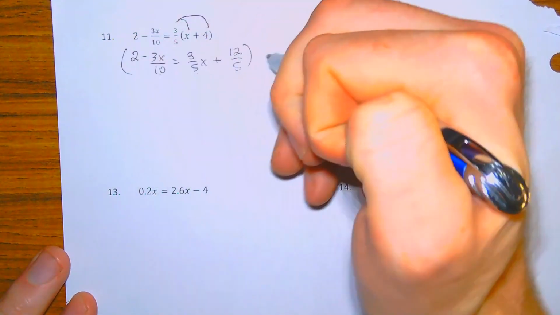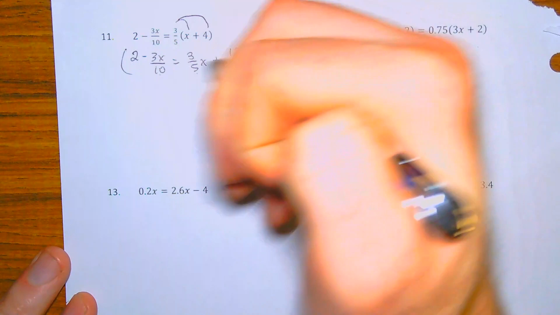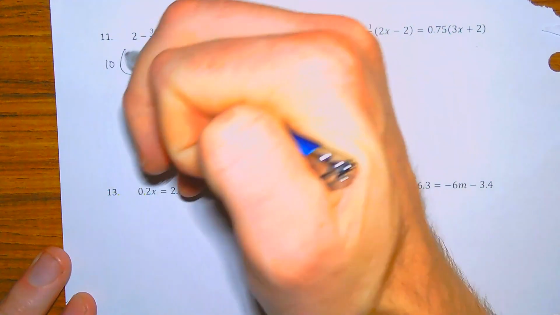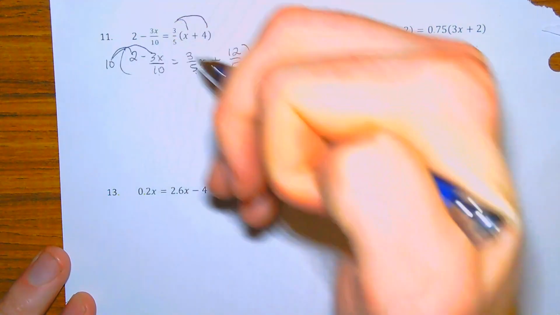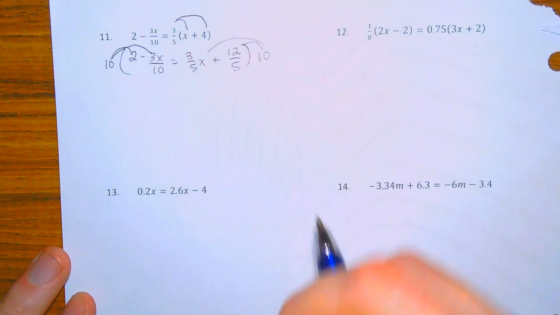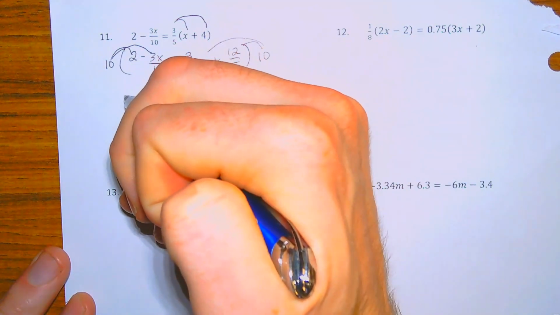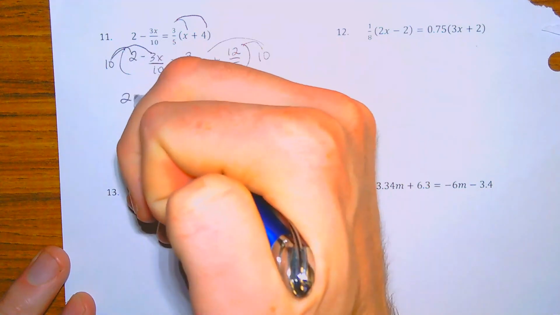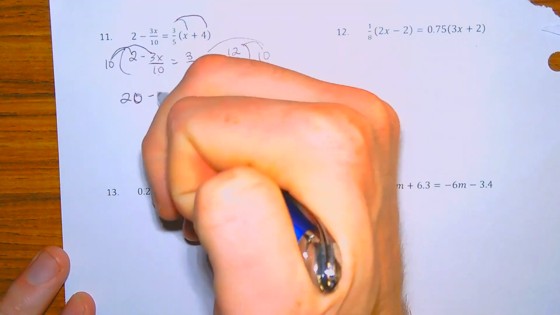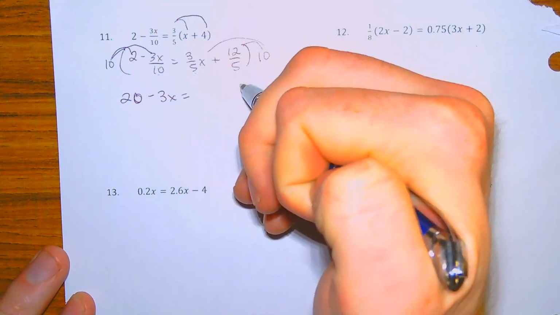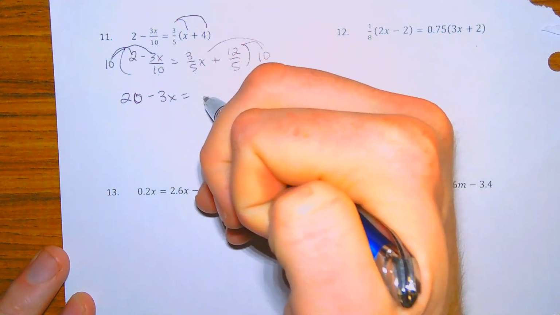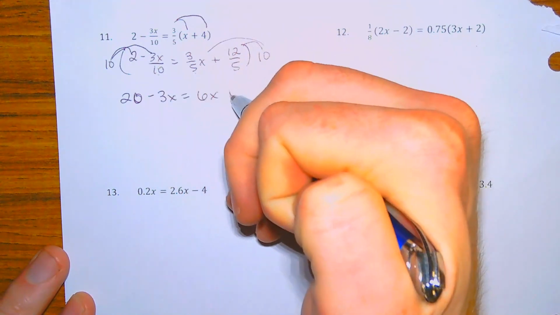What we're going to do is surround it in parentheses and multiply both sides of our equation by it. Okay? So we got 10 here going in, and there as well. Okay? Remember, if you don't know how to do this, type it into your calculator. It's helpful. So, our equation after we multiply is 20 minus 3x equal to 6x plus 24.